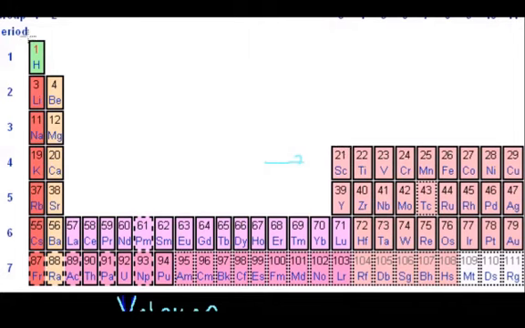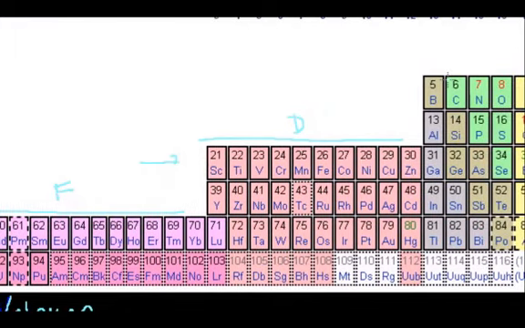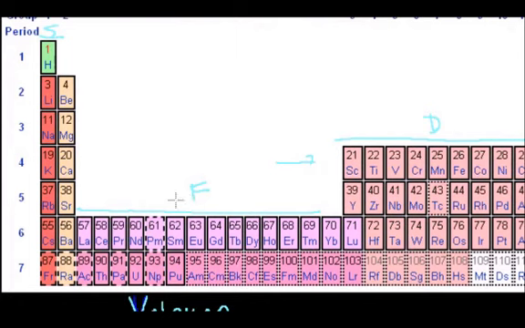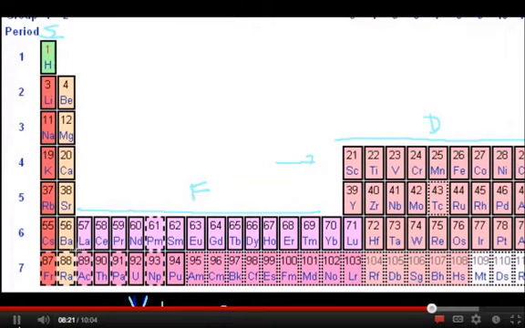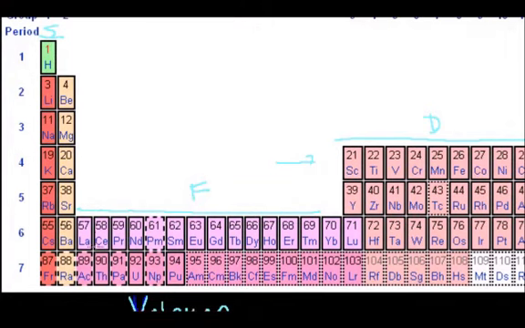So this one is the S block, this is the F block, this is the D block, and this is the P block right here. And when you're dealing with the F block, let's say we wanted to figure out the electron configuration for this, atomic symbol La.